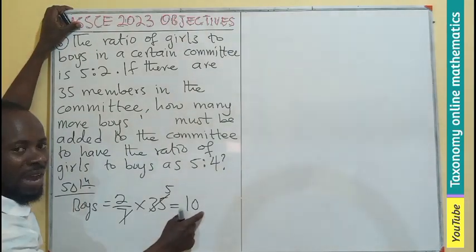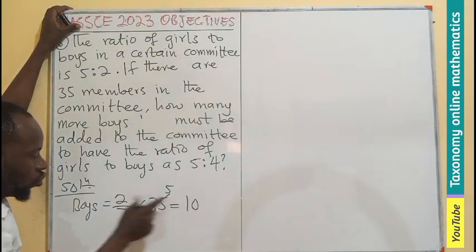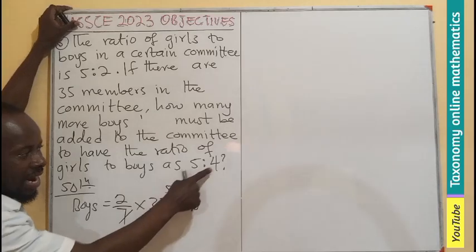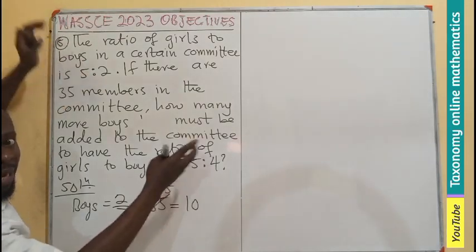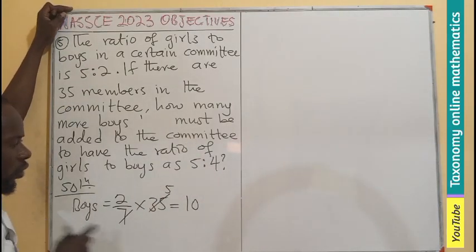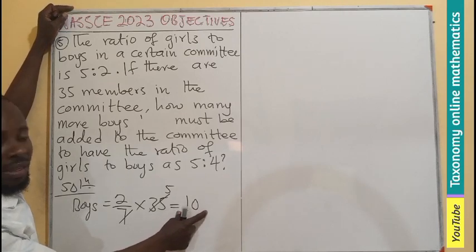So if I add 10 to the boys again, the number will be double. But let's check. This is the number of boys in the committee.